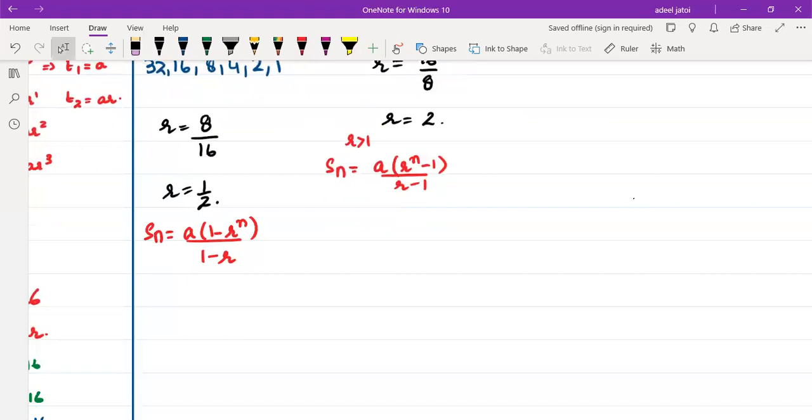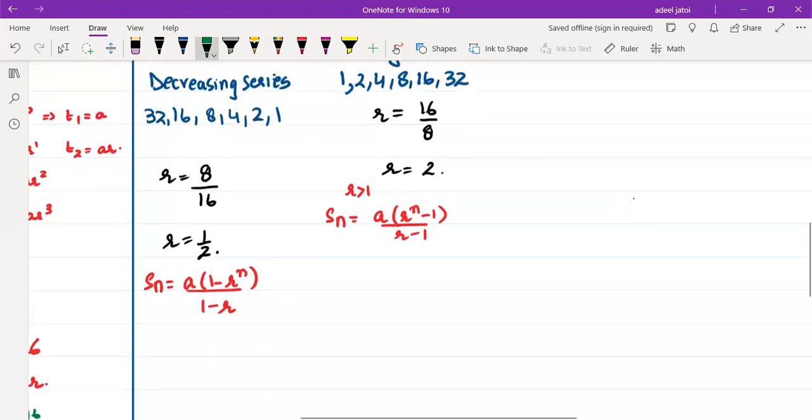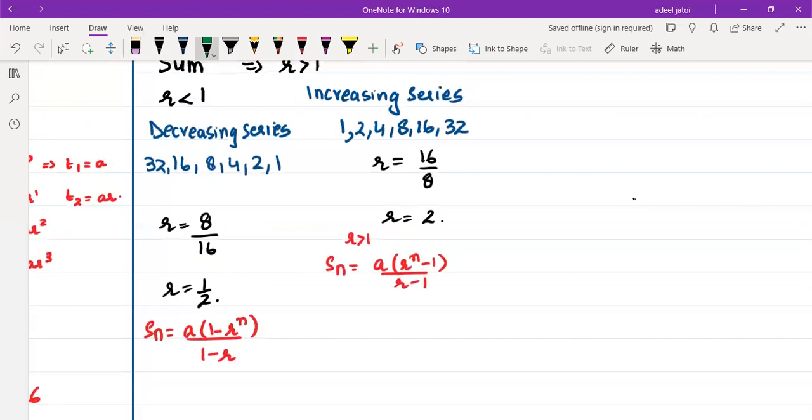Now you need to understand that if you need to have the sum for 6 terms, let's say, how many terms we had? We had 1, 2, 3, 4, 5, 6. So can I say the sum of 6 terms can be T1 plus T2 plus T3 plus T4 plus T5 plus T6.